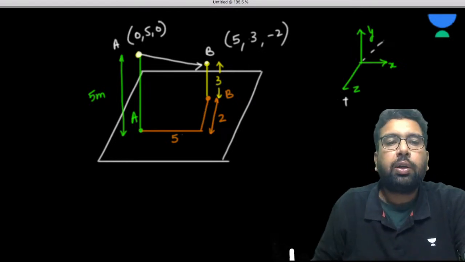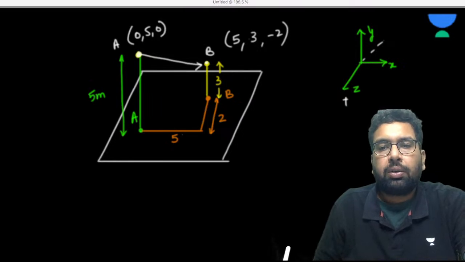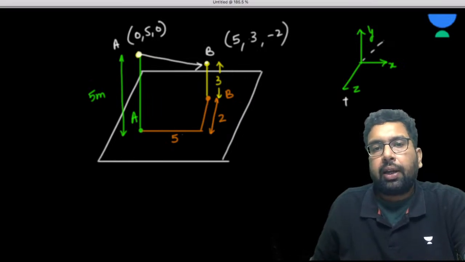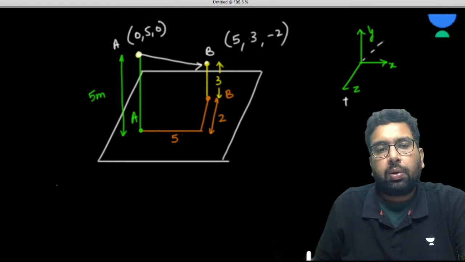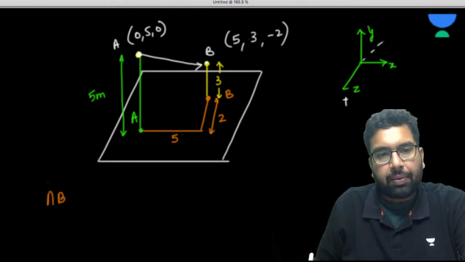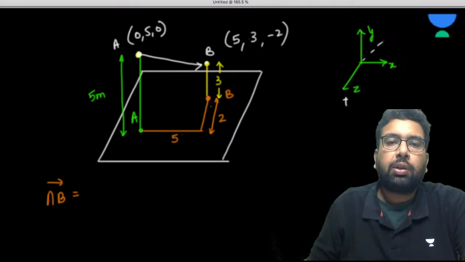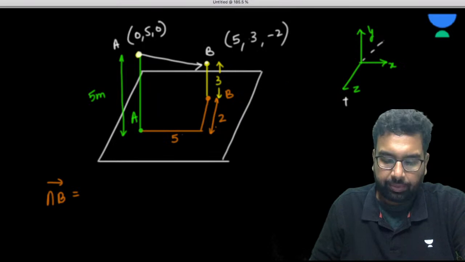Now what is going to be the displacement vector AB? It is 5, 3 and -2, because this is the negative z direction, isn't it?